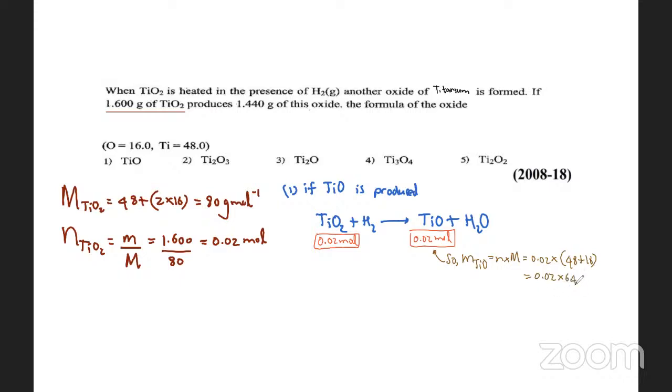And it should have been 1.28 grams. But they are getting 1.440 grams of that oxide. So this is wrong. No, this is wrong. Why? Because it's not 1.44.